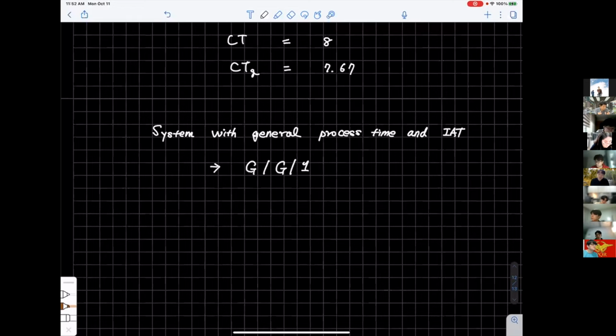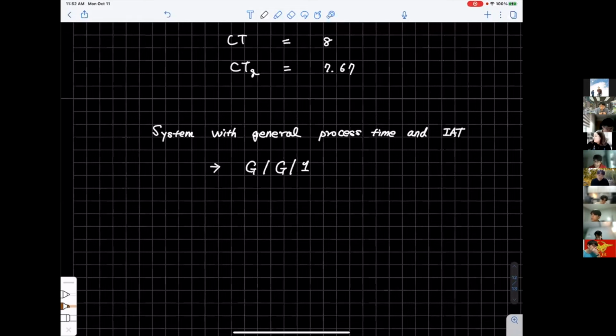Most real-world problems cannot satisfy the assumption of M/M/1. It means that with the exponential distribution, the whole manufacturing system cannot be modeled. Process time is seldom exponential. Also, inter-arrival time is unlikely to be exponential in the real world.